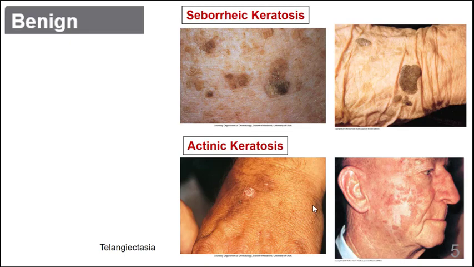So what we see is that the keratinocytes that produce keratin, which is a protein of the skin, are proliferating abnormally, and this is because of UV radiation. It's seen the most in those that have fair skin that don't use sun protection. The lesions can appear either kind of rough and scaly, as in this image, or they can be these poorly defined pink to reddish or reddish-brown papules that can be more felt than they can actually be seen.